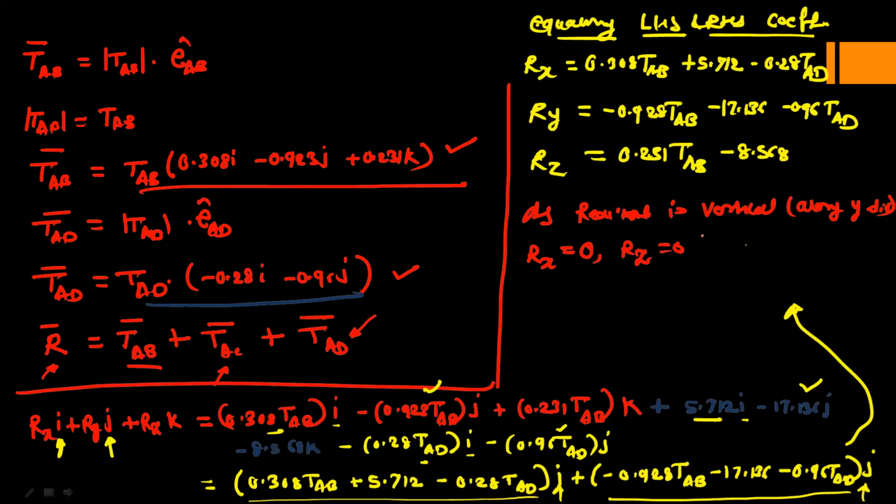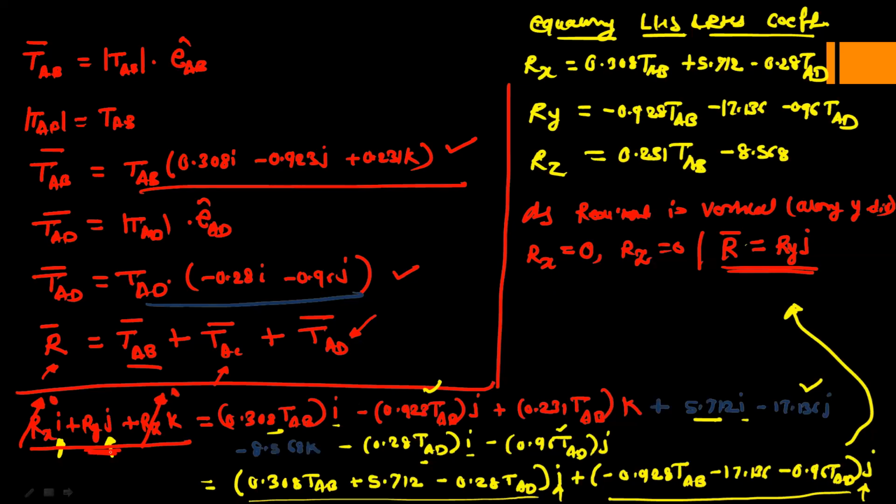And the complete value of the resultant, that is R bar, is just Ry into J. It may be positive or negative, but the complete resultant will have this format, as its x component is 0 and the z component is 0. So you can refer to this general formula, as this is 0 and this is 0.